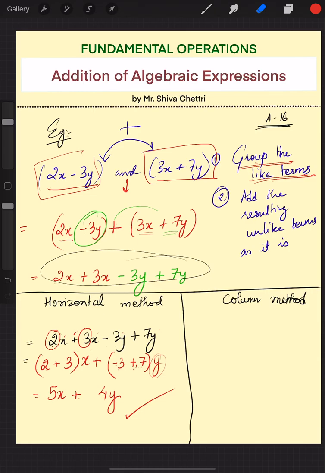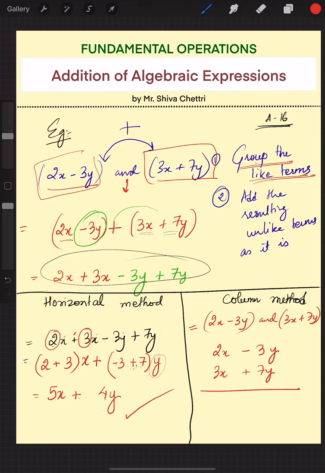For the column method, we write the question the same, 2x minus 3y and 3x plus 7y. So we'll write first 2x minus 3y. Below 2x I'll write 3x, and below 3y I'll write plus 7y.